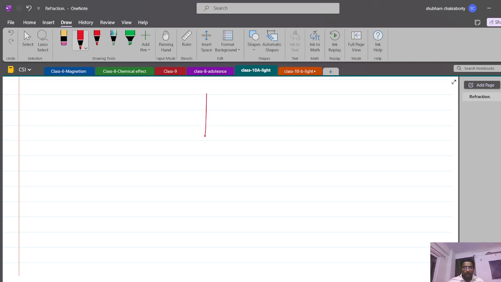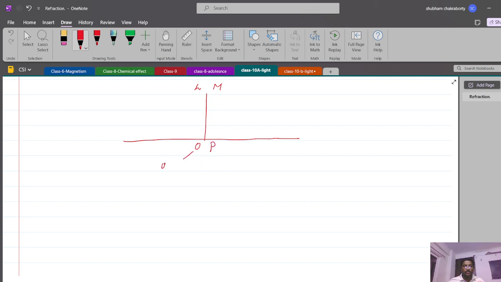So let's draw a vertical line here, and let's draw a horizontal line. The vertical line represents either a lens or a mirror. So this sign convention is applicable to both lenses and mirrors. If it is a lens, then the center of the lens is called the optical center, denoted by O. If it is a mirror, the center is described by P, which is the pole.